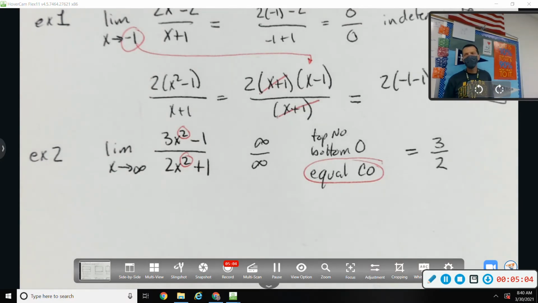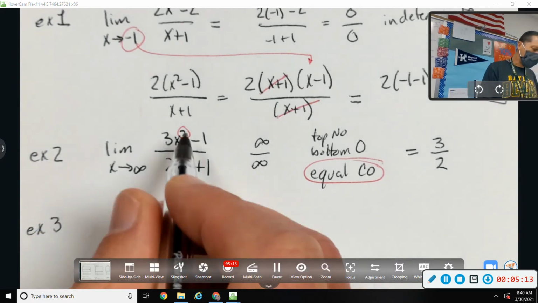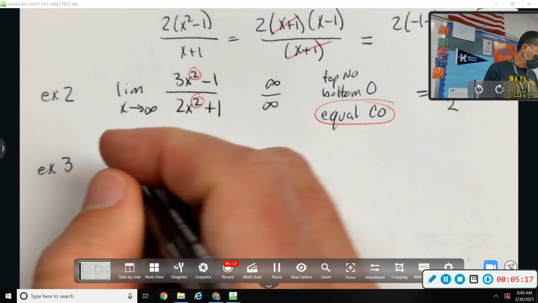Again, not L'Hopital, we'll get to that in a minute, but it was an indeterminate form, and we knew a trick to figure it out. L'Hopital will also work on that one, but it's probably easier to just know the algebra trick.